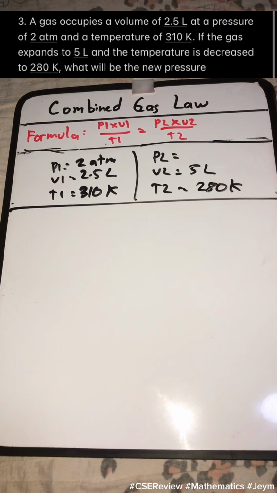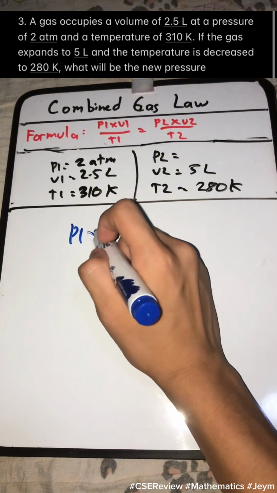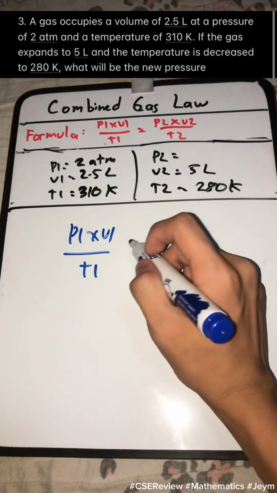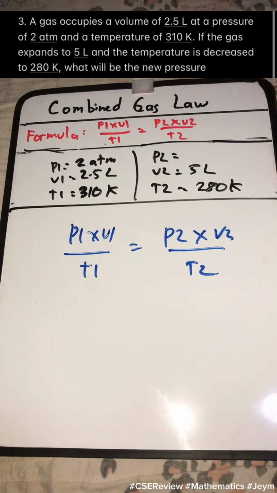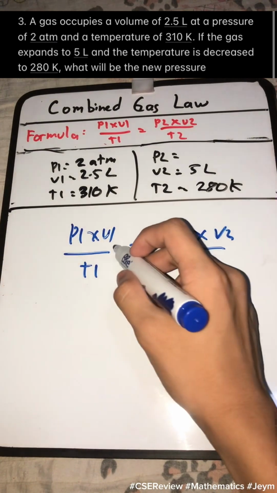So to proceed, let's copy again the formula guys. We have P1 times V1 over T1 equals P2 times V2 over T2. So let's cross multiply guys.